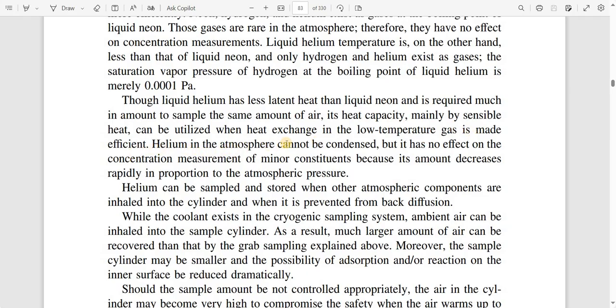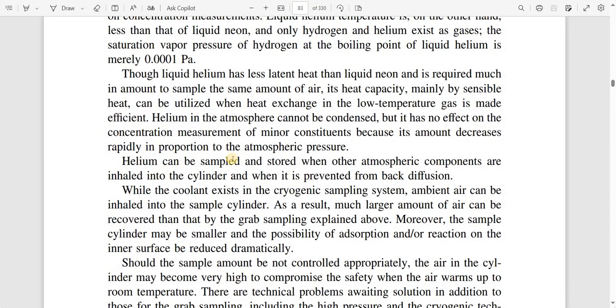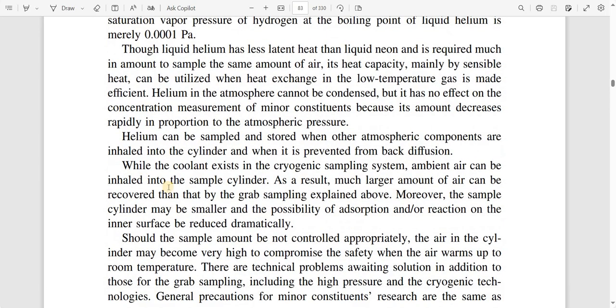Helium in the atmosphere cannot be condensed, but it has no effect on the concentration measurement of minor constituents because its amount decreases rapidly in proportion to the atmospheric pressure. Helium can be sampled and stored when other atmospheric components are inhaled into the cylinder and when it is prevented from back diffusion.